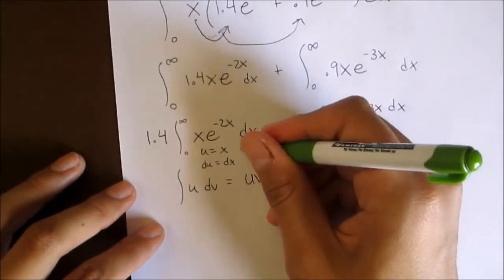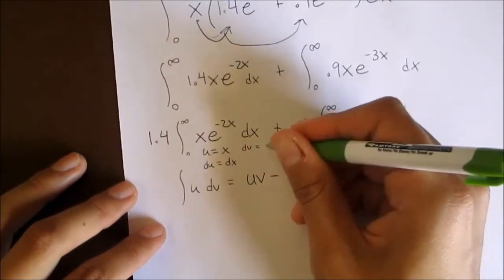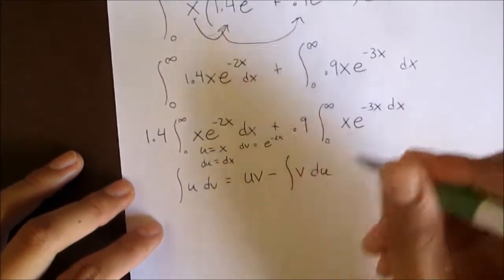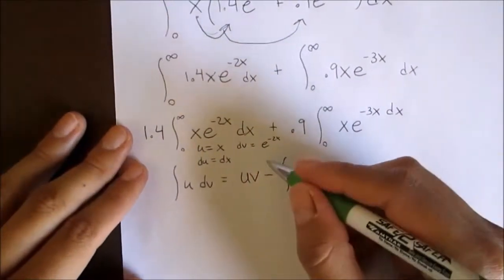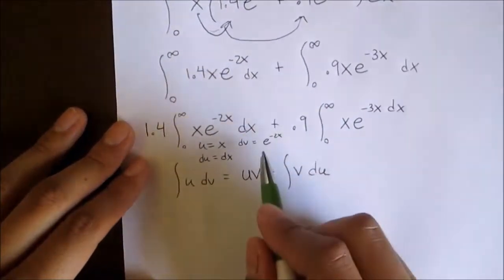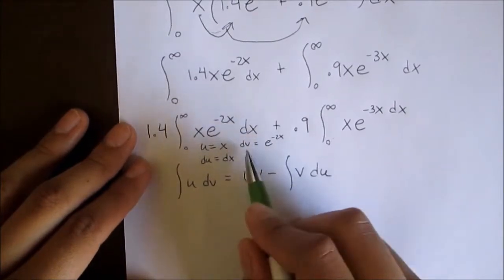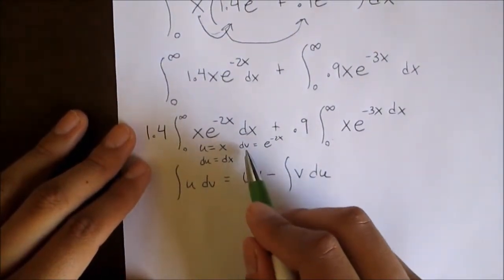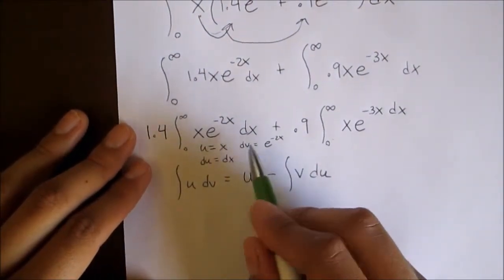And then dv is going to be e to the negative 2x. Now I'm going to skip a step here because I don't have room, but you should look up how to integrate this, which is what you're going to be doing. Since this is dv, we have to make it v by integration.